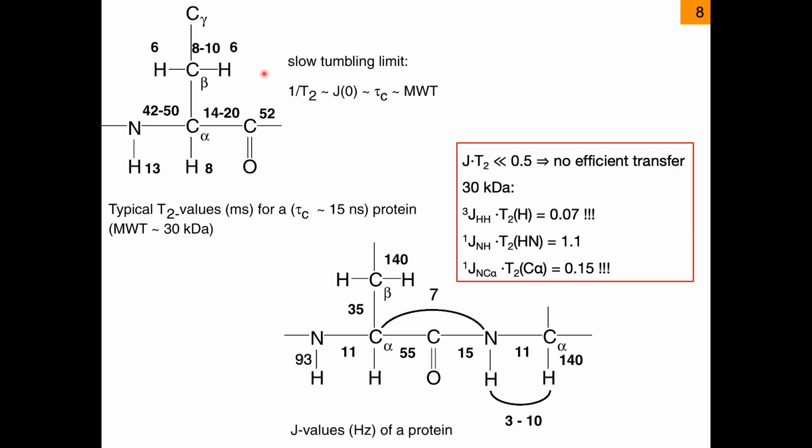The chemical shift anisotropy for the nitrogen, I should explain, is coming from the polarity of the peptide bond. So the electron cloud in the peptide bond is less symmetric than around the aliphatic C alpha, but it is only a smaller part of the whole relaxation.